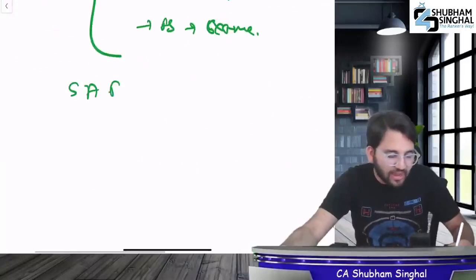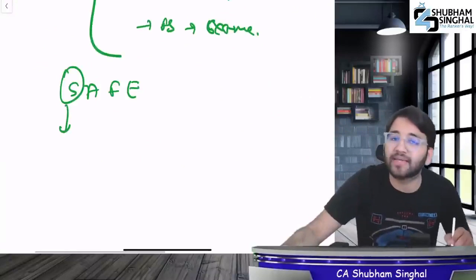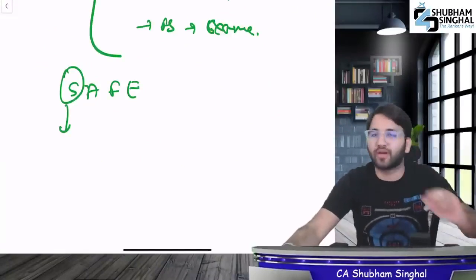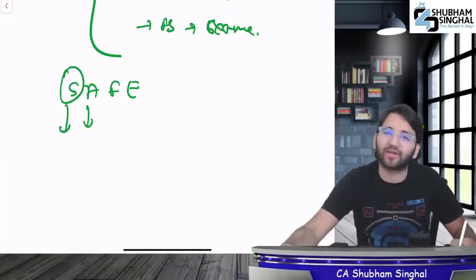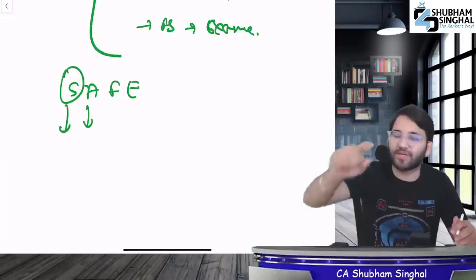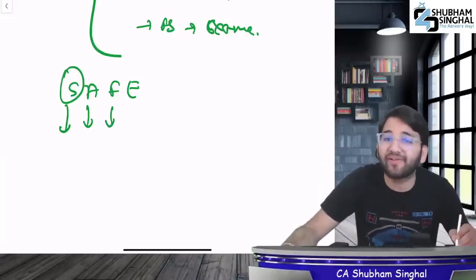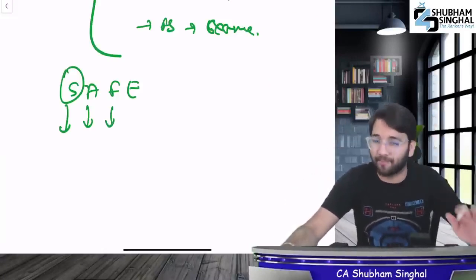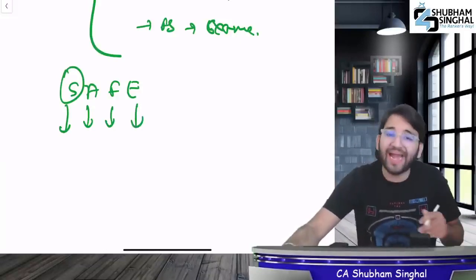Let's talk about SAFE now. What do you mean by SAFE? S is for scrutiny of any intercorporate loans or investments. What does A mean? You should be ahead of me. A is assets valuation, if you are getting valuation done. F stands for evaluation of internal financial controls or risk management systems. And E, end use of funds.